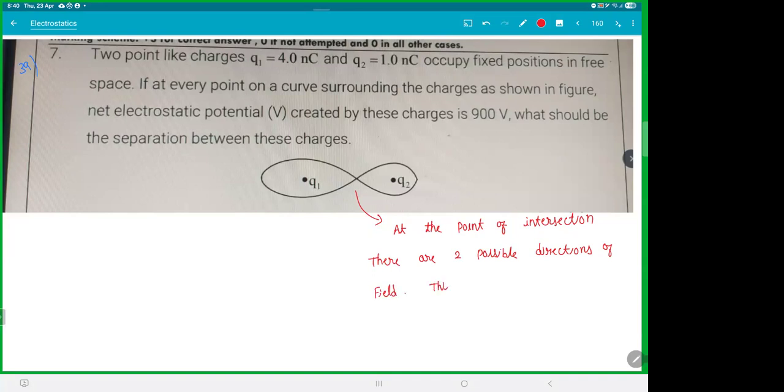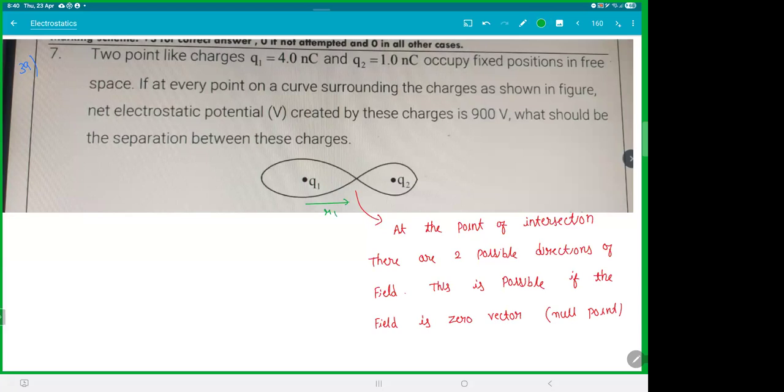This is possible only if it is a zero vector, that is, that point is a null point. Once you figure that out, it goes pretty straightforward.